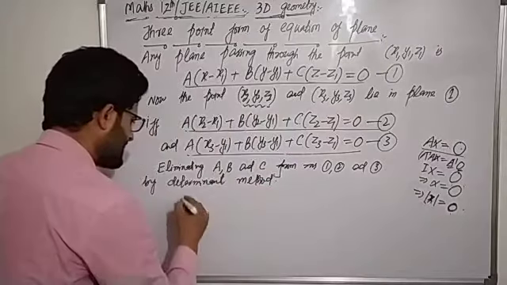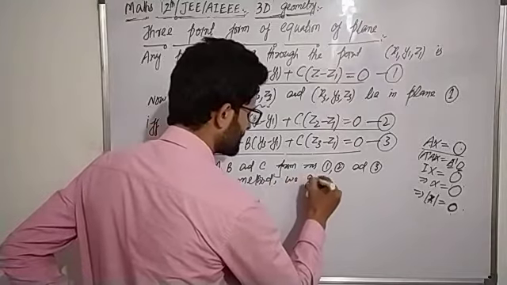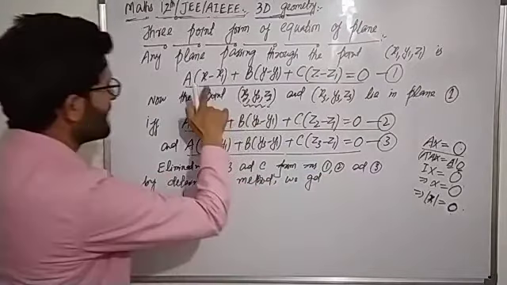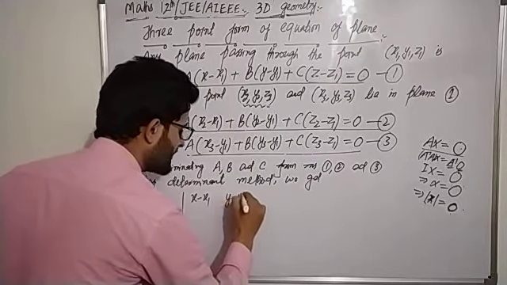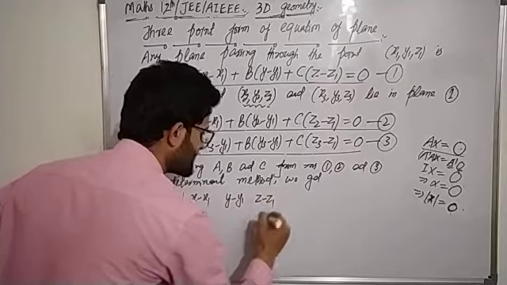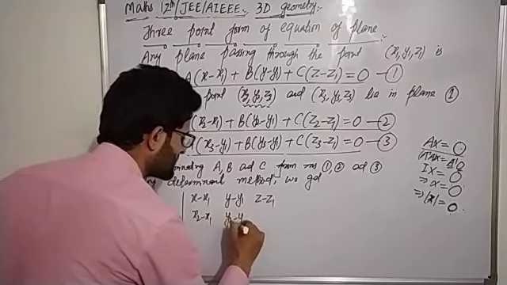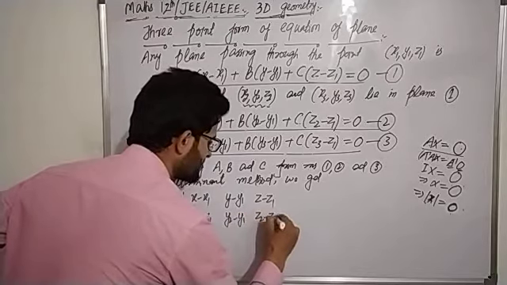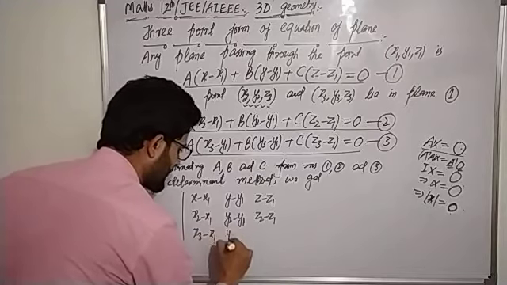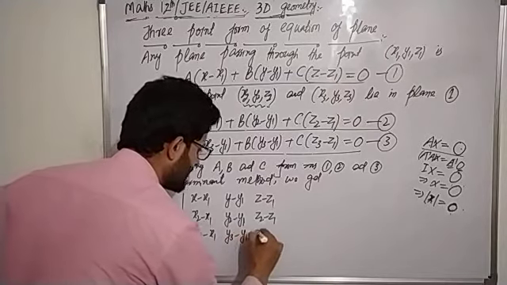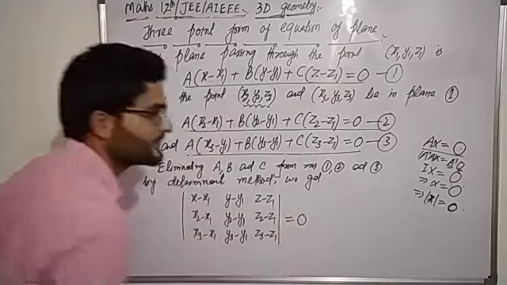Determinant of X, that is the determinant of, we get the determinant of X with value [x minus x1, y minus y1, z minus z1; x2 minus x1, y2 minus y1, z2 minus z1; x3 minus x1, y3 minus y1, z3 minus z1] and that's equal to 0.